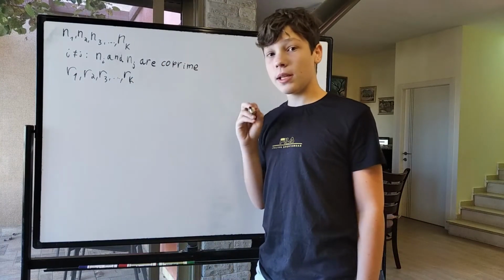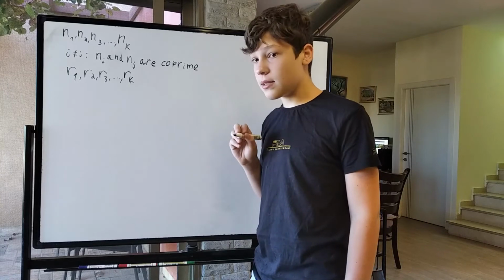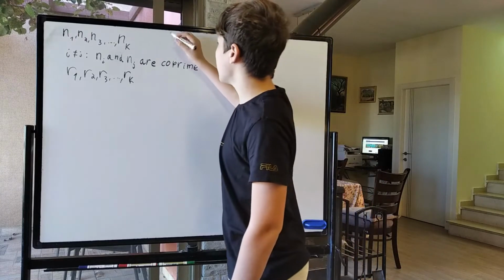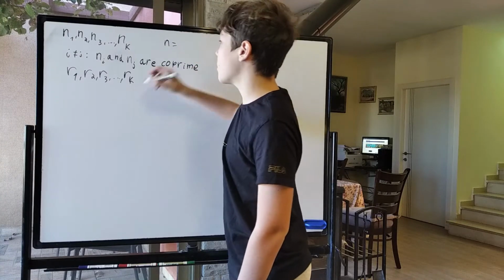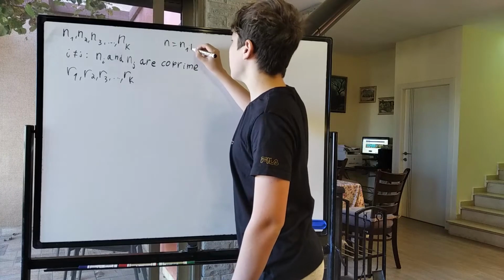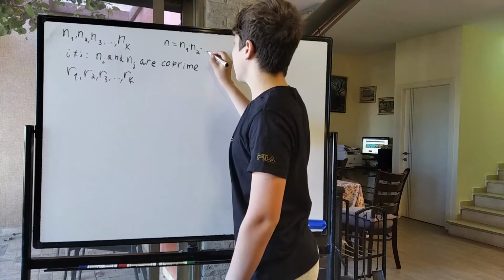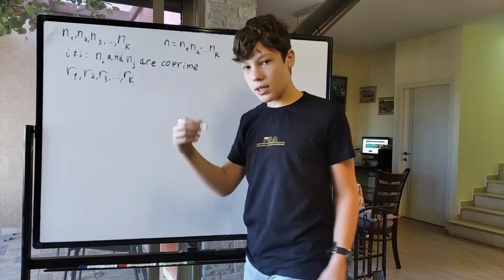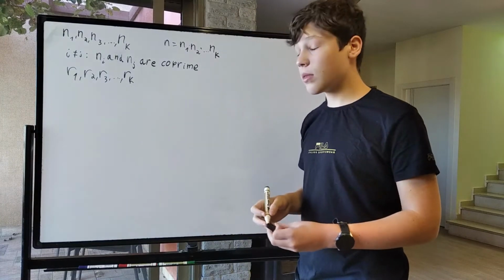Before the theorem, I'm also going to label n to be the product of n1 times n2 until nk, just so everything is easier when we do the actual proof.